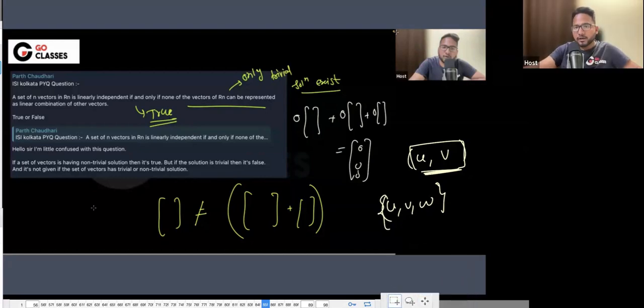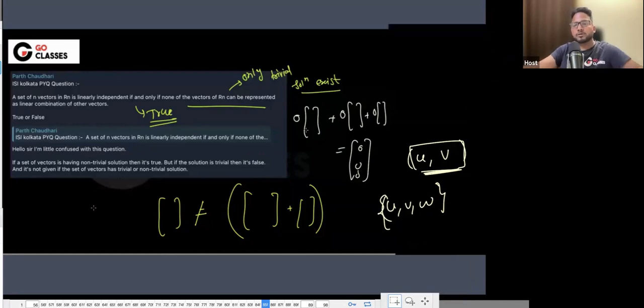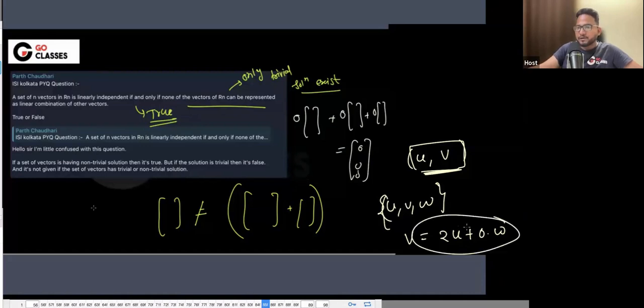Yeah, then also it is a linear combination, right? A multiple of W is also a linear combination. For example, if V is, let's suppose, 2U, then also it is a linear combination of these vectors. I mean, multiple is just a special case of linear combination where the other coefficient is zero.